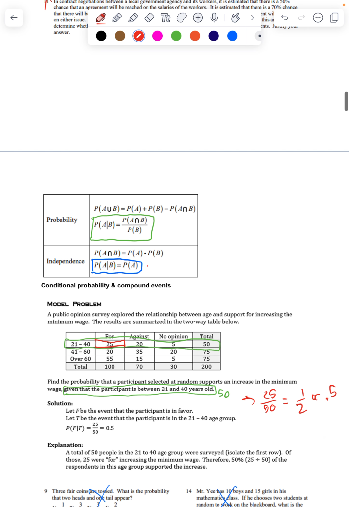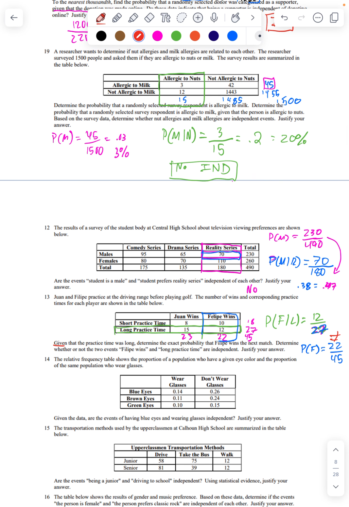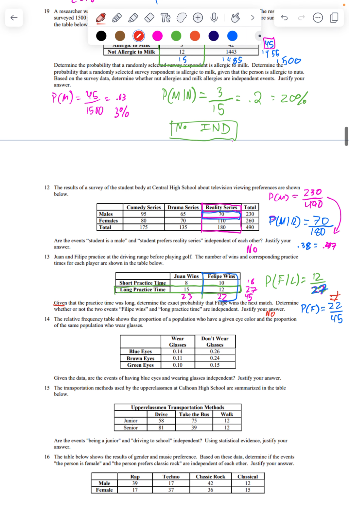Looking at this formula, probability of A given B is the same as probability of A happening. Since that is not true, they are not independent. And your work justifies the answer. P of F given L does not equal P of F. That's literally the formula they give. They want you to check that, see if it's true. And clearly it's not, so they're not independent of each other.